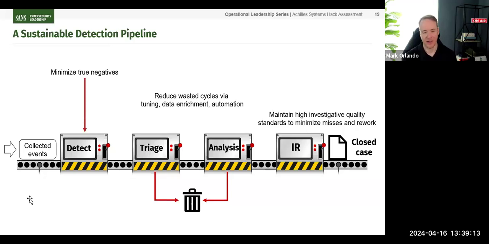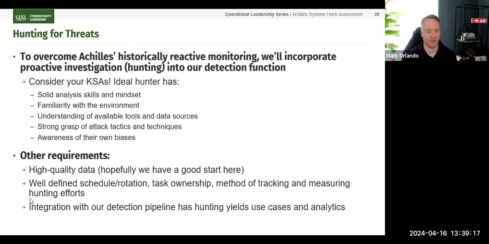A helpful visual guide for thinking about what your detection pipeline looks like now that we're going to have a team to be able to review those detections. Detection-oriented defense also means that we're hunting for threats. So we don't only want to rely on automated alerts. Right?